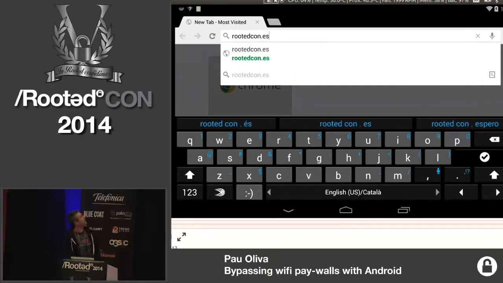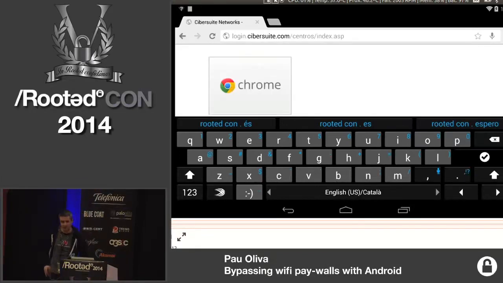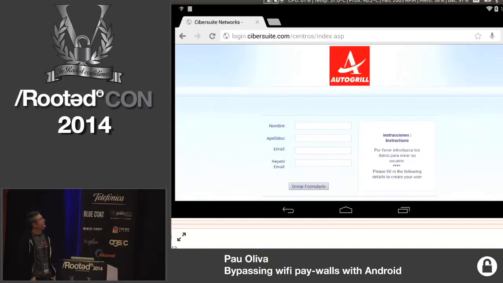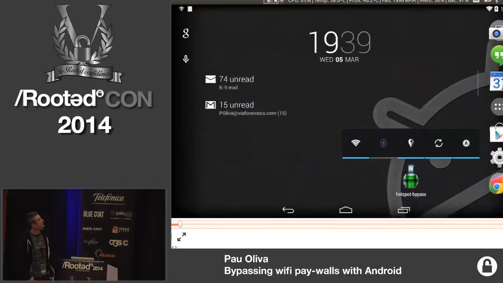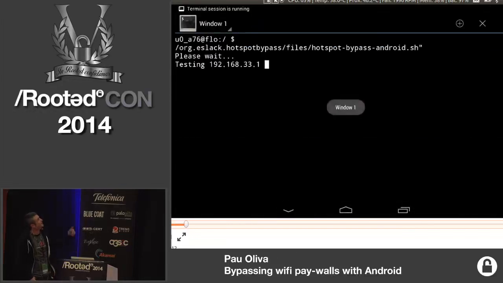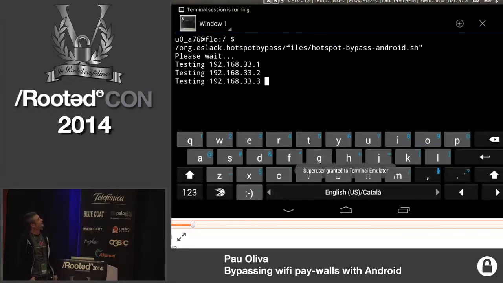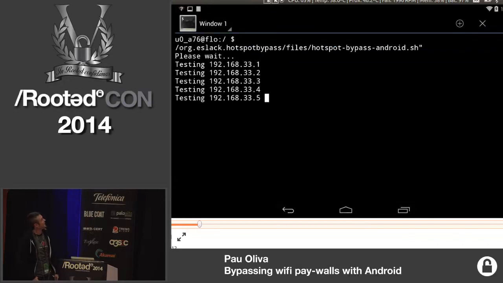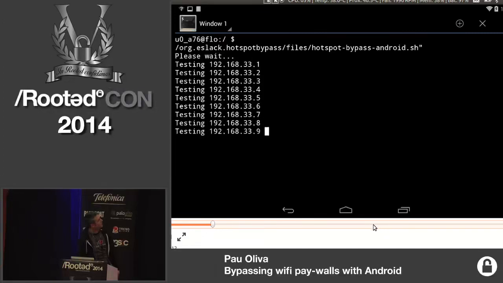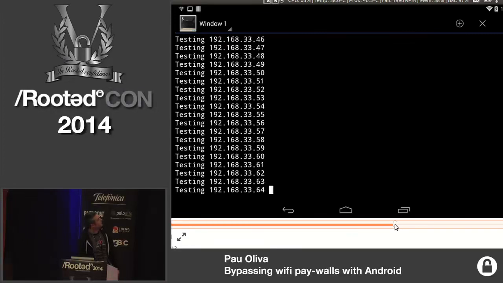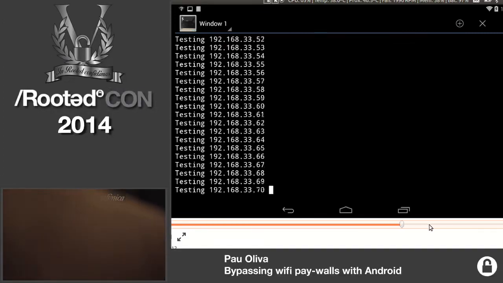I was sitting at the Burger King, and I spotted the hotspot and the login website. Instead of authenticating, I used the application, which is a hotspot bypass, and it automatically starts looping, looping and looping a bit more.